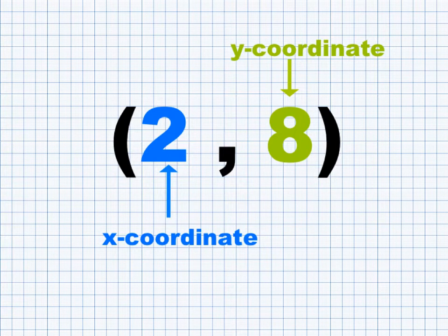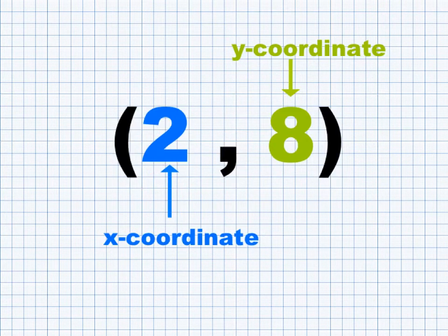Every point on a coordinate plane corresponds to an ordered pair, and this right here is an ordered pair.